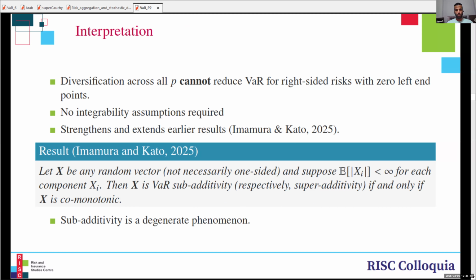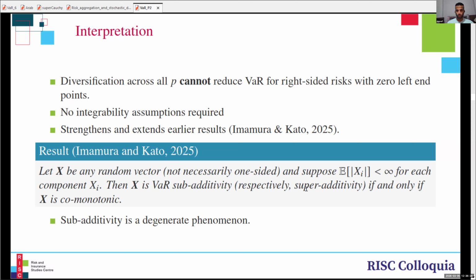Okay, now our result here is an extension of an earlier result from Embrechts and Wang, where they had this elegant result in their paper, where they stated that if X is any random vector, not necessarily right-sided or left-sided, could be real, supported on the whole real line, and if we suppose that each Xi is integrable, that is, its expectation is finite, then VaR subadditivity is equivalent to additivity.